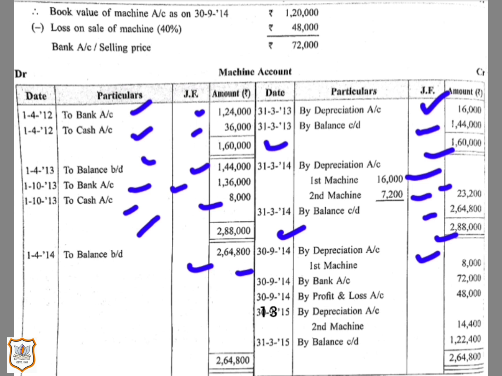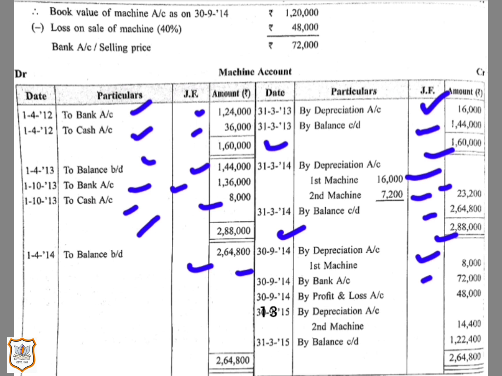Then on 30 September 2014, we have sold this machine so we will record it on the credit side as per real account. We know that machine is a real account. So when we sold it, we will record it on the credit side of the machine account.